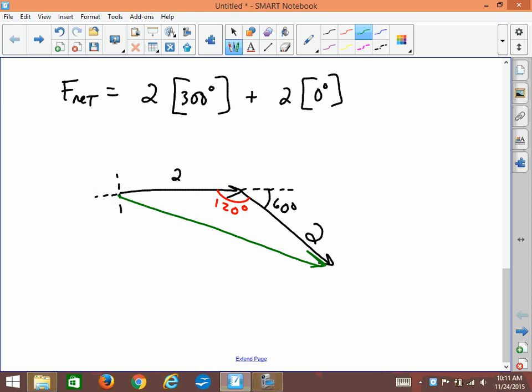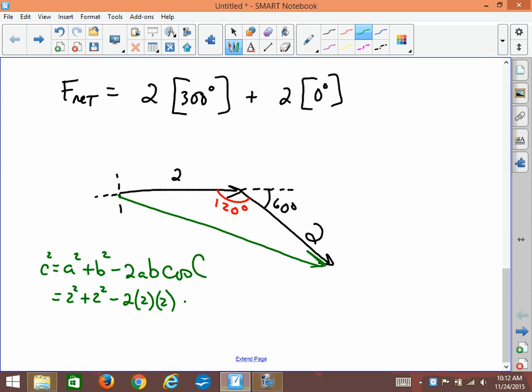So I can do very quickly c squared equals a squared plus b squared minus 2 times a times b times the cosine of the big angle c. So this is going to equal 2 squared plus 2 squared minus 2 times 2 times 2 times the cos of 60 degrees. Nope, sorry, my mistake, the cos of 120.